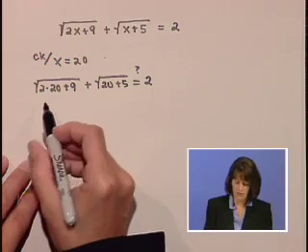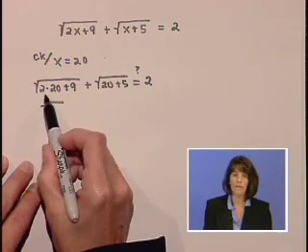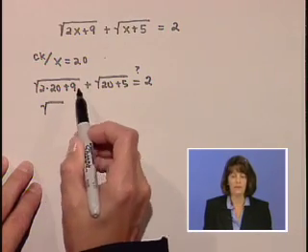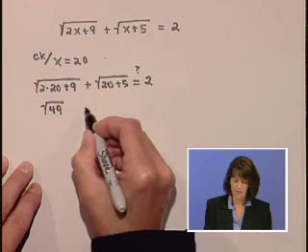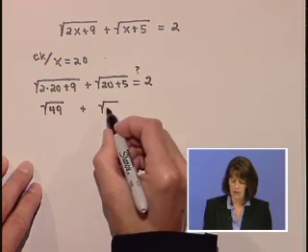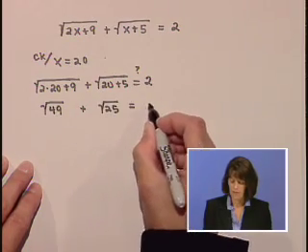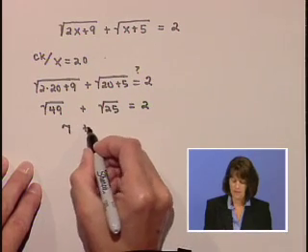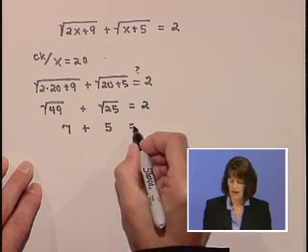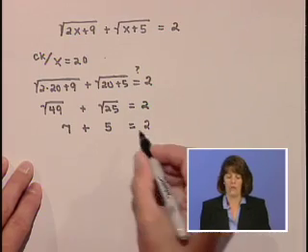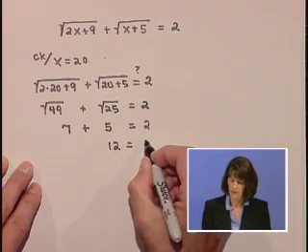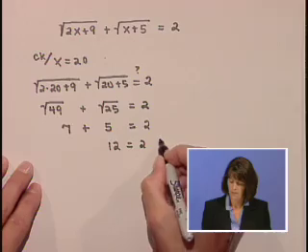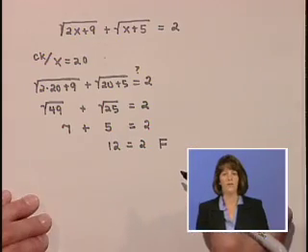Under this first radical, we have the square root of 2 times 20 is 40 plus 9, or 49, plus the square root of 25. The square root of 49 is 7 plus 5. And we can see that this is clearly false. 12 is not equal to 2.